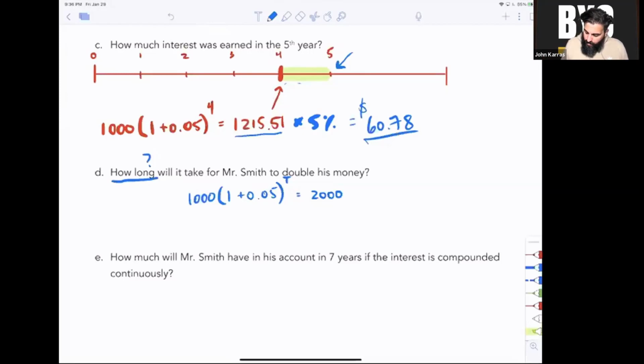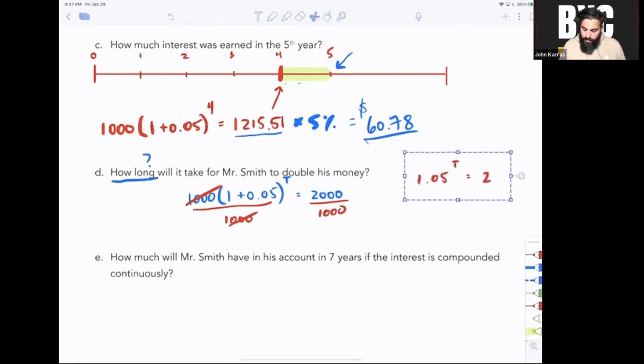So the first thing, of course, would be to isolate my bracket. Let me get rid of my $1,000 on both sides here. That'll get rid of it. So now I've got 1.05^t equals 2. Now, using logs, you want to isolate t. I don't know how long ago you did logs, but the idea is you put a log in front of both sides, and you can bring down your exponent.